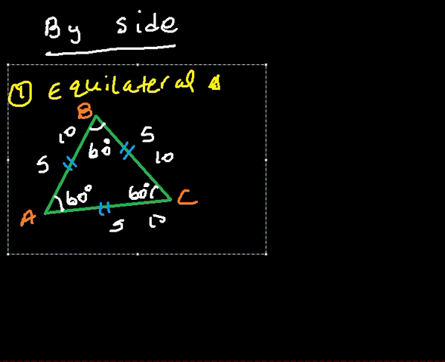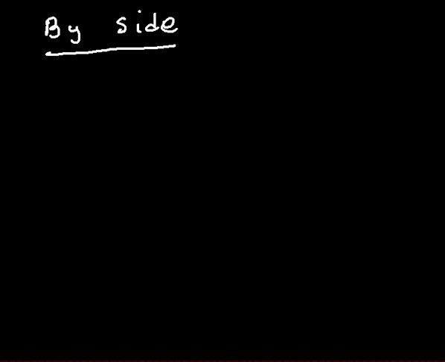And apart from the equilateral triangle, we also have what we call the isosceles triangle.